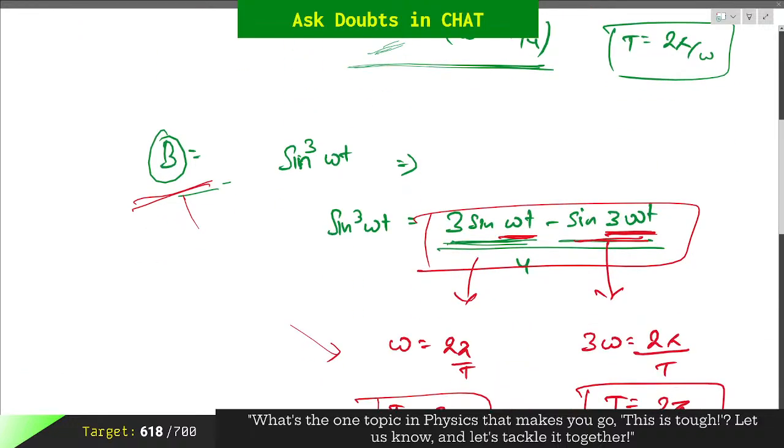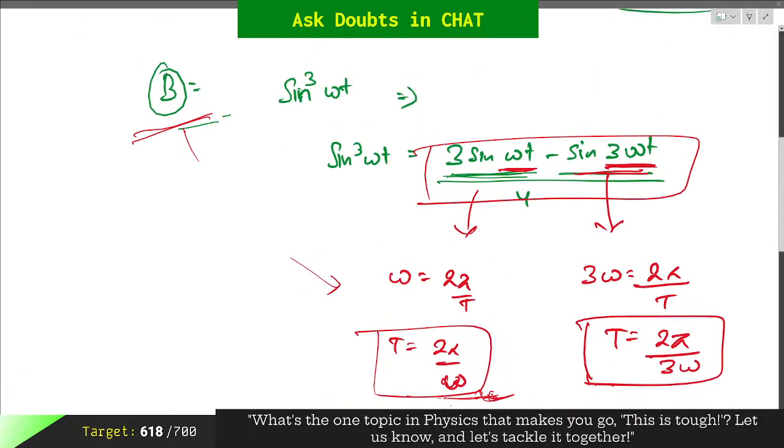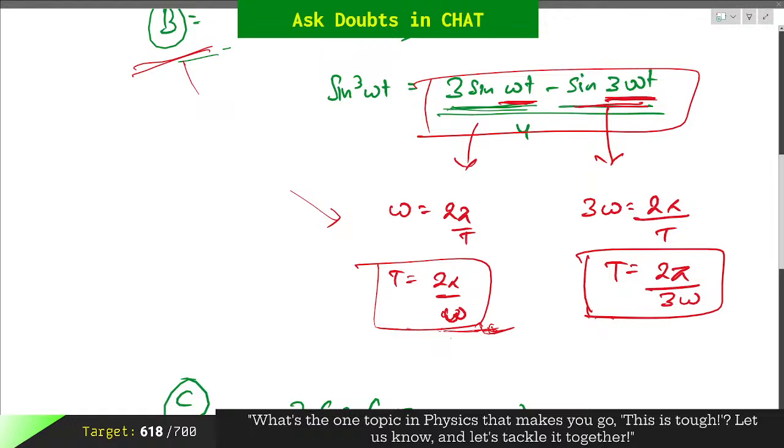Now in option B, we have sin cube omega t. Now sin cube omega t is equal to (3 sin omega t minus sin 3 omega t) by 4. So again we see here that there are two frequencies. The first part has a period of 2 pi by omega and the second part has a period of 2 pi by 3 omega.